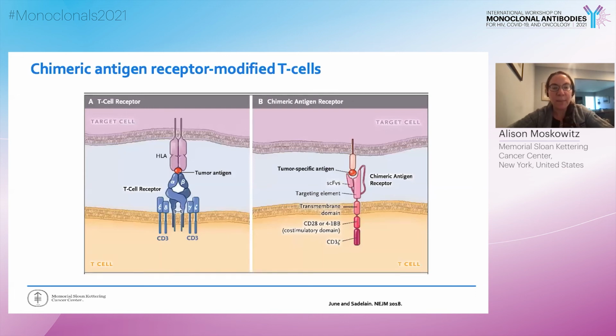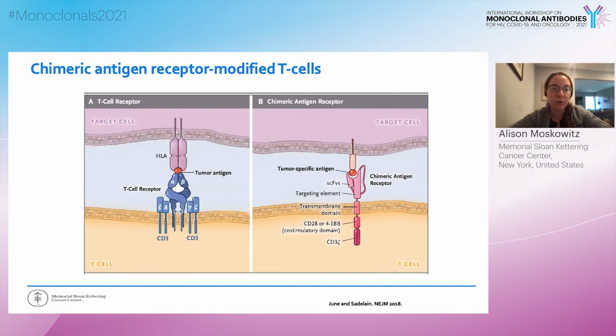So, shifting gears to another way that antibodies are modified, this field is absolutely fascinating in that it is an example of how a part of the antibody is used to design chimeric antigen receptor T cells that can attack target cells.